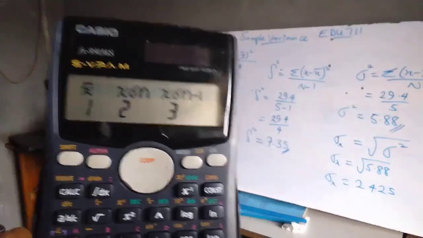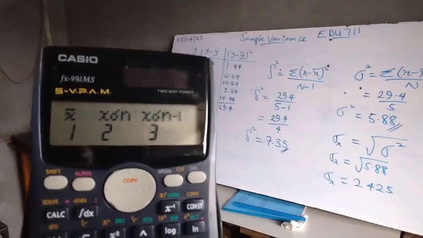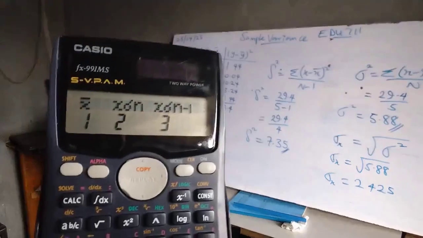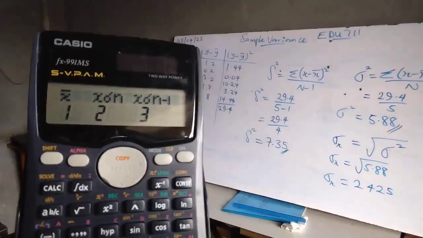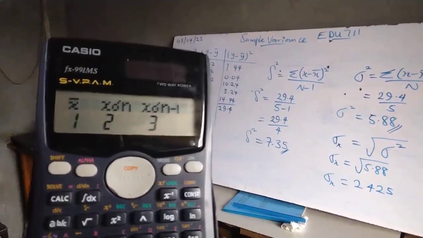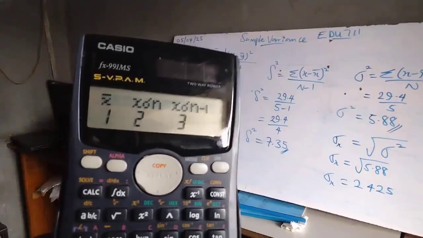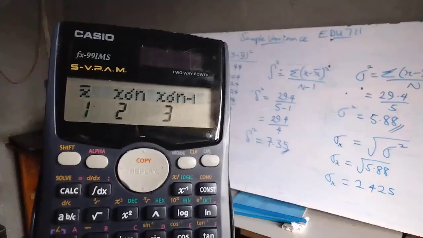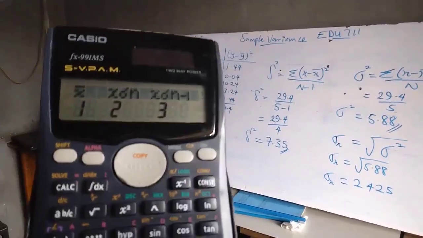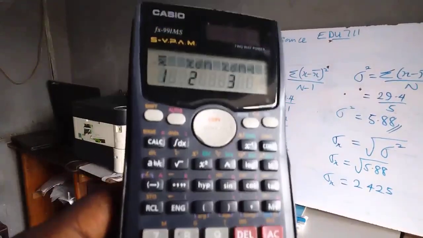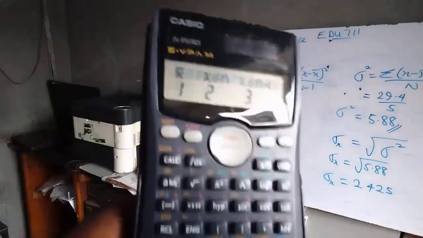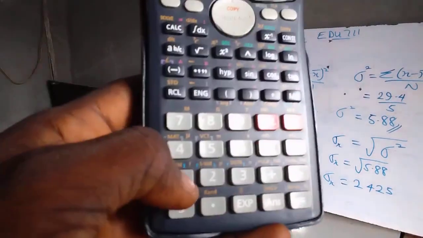When you press 2, it gives you this: 1 has S bar, and you have S sigma n, and S sigma n minus 1. S bar is 1 when you need the mean. If it is mean that you need, you press 1, which is under S bar. So let's press 1.